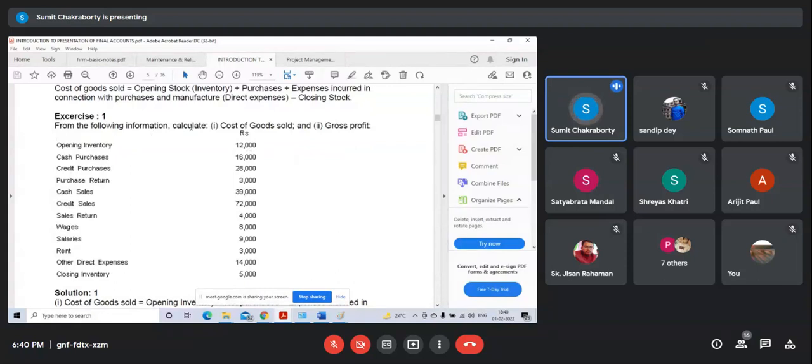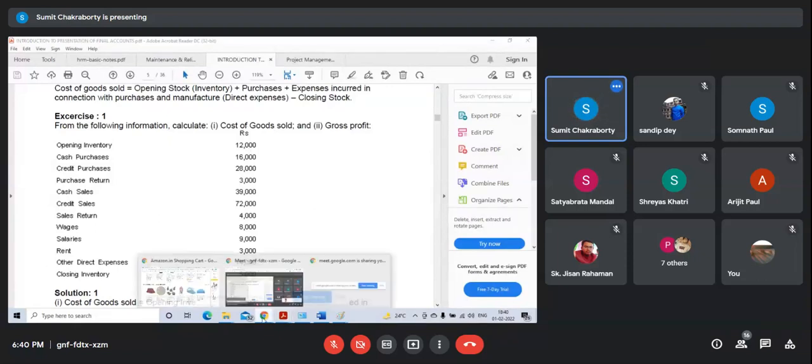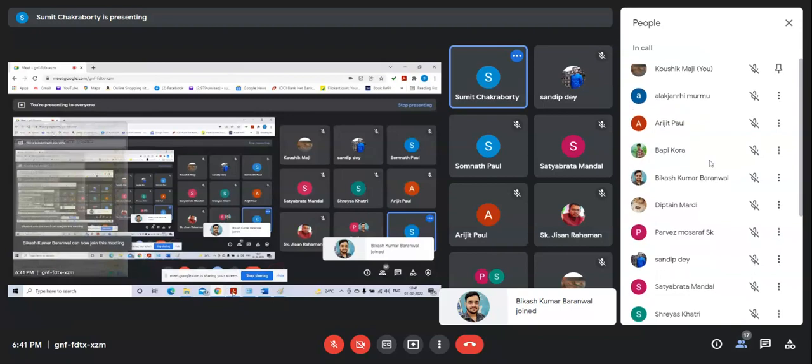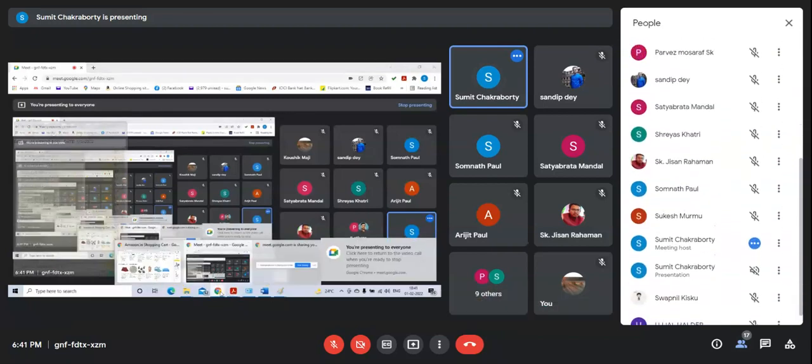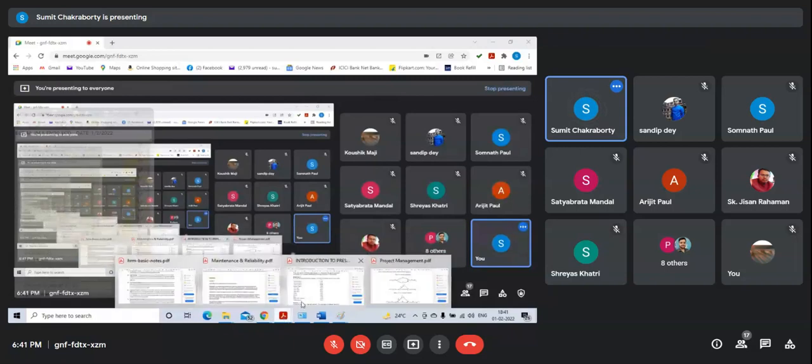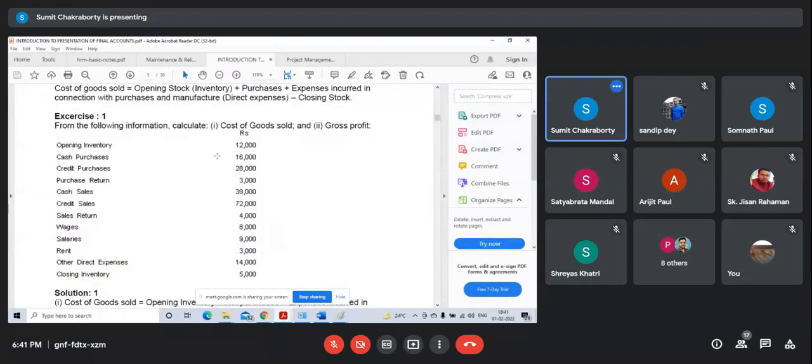From the following information, calculate cost of goods sold and gross profit. Opening inventory 12,000 rupees, cash purchases 16,000, credit purchases 28,000, purchase return 3,000, cash sales 39,000, credit sales 72,000, sales return 4,000, wages 8,000, salaries 9,000, rent 3,000, direct expenses 14,000, and closing inventory or closing stock 5,000.